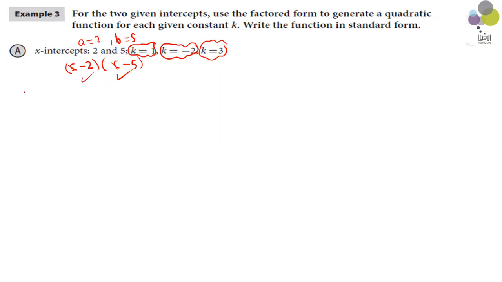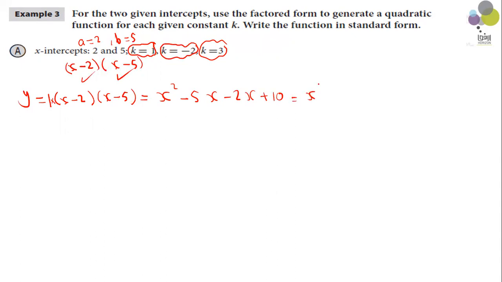Okay, first one, y equals, if k equals 1, so k is 1 multiply the first linear factor x minus 2 and the second linear factor x minus 5, and we will write this in standard form. x multiply x, x squared, minus 5x minus 2x plus 10.